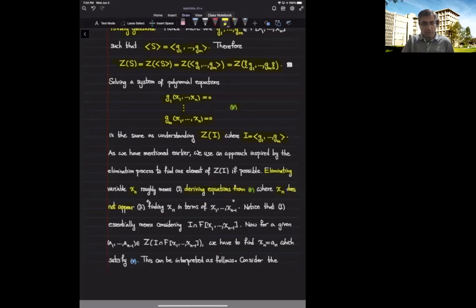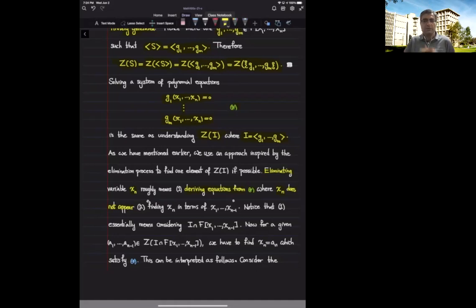So that's part of eliminating x_n. And moreover, we have to be able to find x_n in terms of the previous variables. So if I give you the previous variables, then we should be able to find what x_n is. So there are two parts in an elimination process.